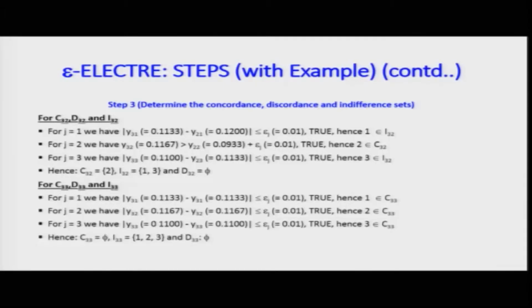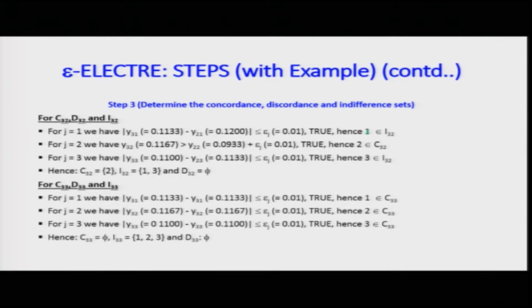Now, I go to cell number 3,2 in that overall matrix. So, again, I will consider C32, D32 and I32, corresponding to j is equal to 1, 2, 3. I am not going into the detailed calculation, you can basically check, and we are considering the epsilon value as 0.01 for all the 3 cases, j is equal to 1, 2, 3, all those criteria; we are not changing them.